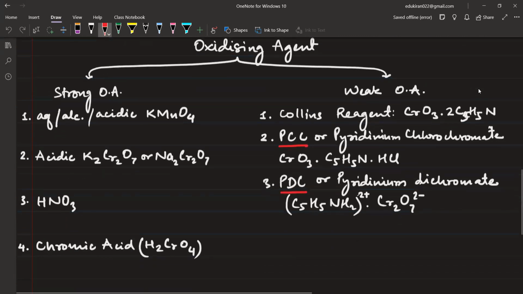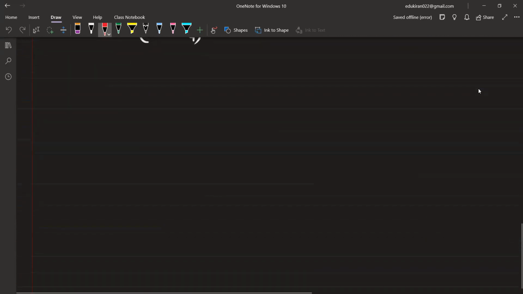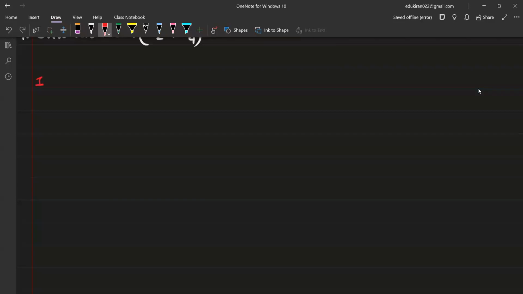So we have seen oxidizing agents, and now we are going to see the different types of alcohol: 1 degree, 2 degree, and 3 degree. So first of all, number one, oxidation of primary alcohols.